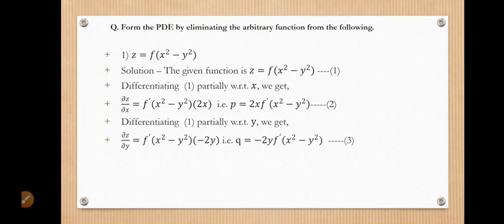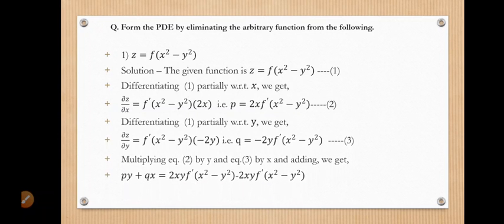So by multiplying equation 2 by y and equation 3 by x and adding the resultant equations, we get py plus qx equal to 2xy f dash of x square minus y square minus 2xy f dash of x square minus y square. So it clearly indicates that the RHS is 0. So we get the equation as py plus qx equal to 0. So this is the required partial differential equation, which is obtained by eliminating the arbitrary function small f from the given function z.